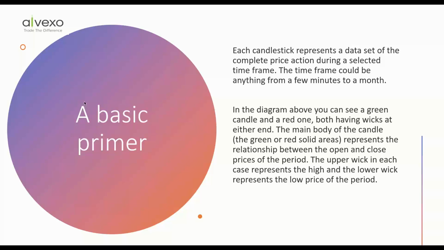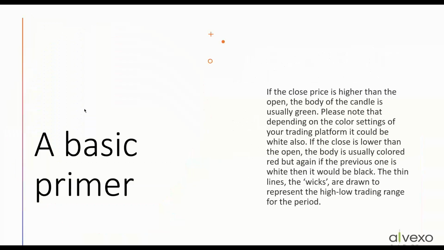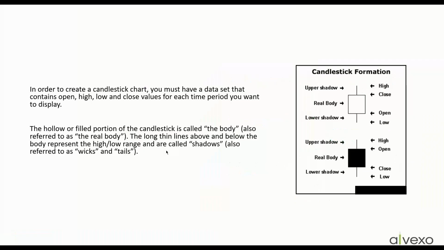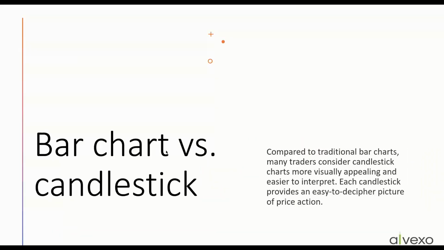So remember, each candlestick represents a data set of the complete price action during the selected time frame. We have the bodies, we have the wicks, we have the color of the candle. All of these go into making up information for you to make decisions.